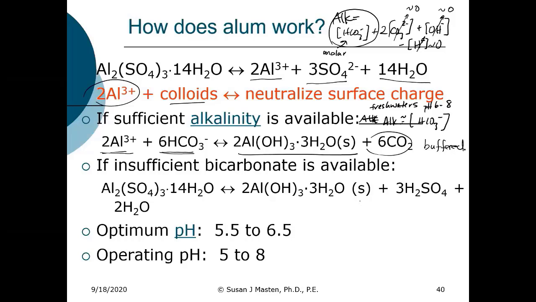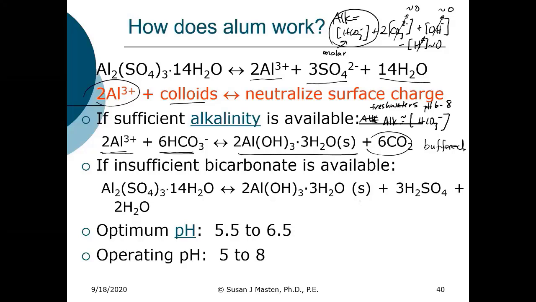So if you have a well-buffered system, what does that mean in terms of pH? A solution with a high alkalinity is well buffered. That means that water is able to resist a change in pH upon the addition of an acid. When we talk about acidity, it's upon the addition of a base.